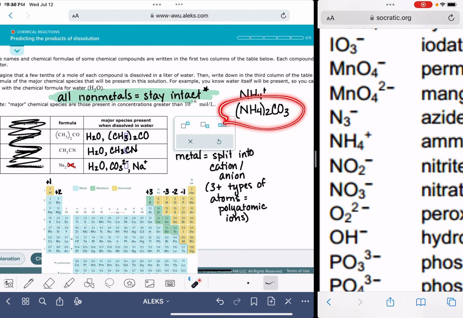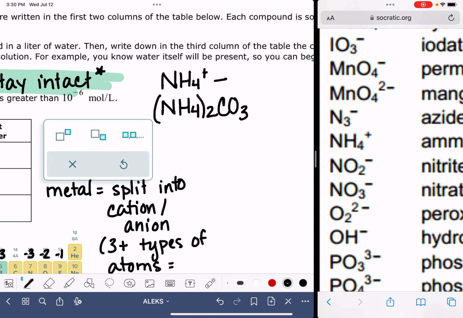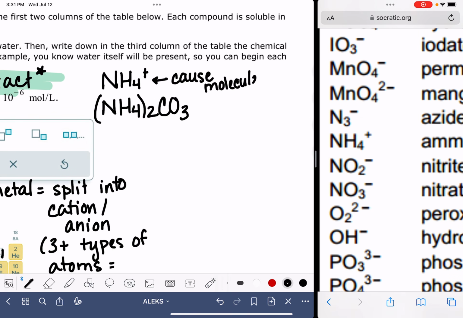This is all nonmetals: nitrogen, hydrogen, carbon, oxygen, all nonmetals. However, this is ionic and it splits up. So if you have the NH4 group, this is going to cause the molecule to split into cations and anions.